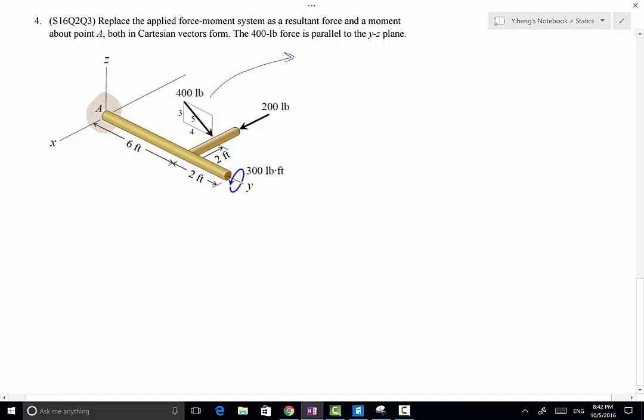For this first force, this is my F1. It is parallel to the YZ plane, which means that it only has Y and Z components. The direction is given by this 3, 4, 5 triangle.